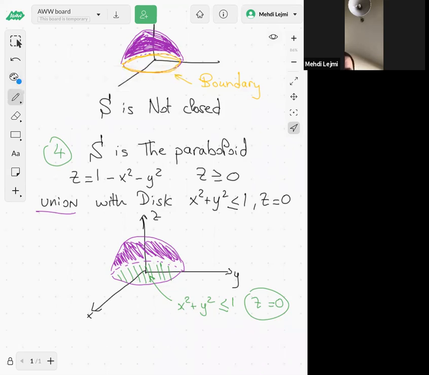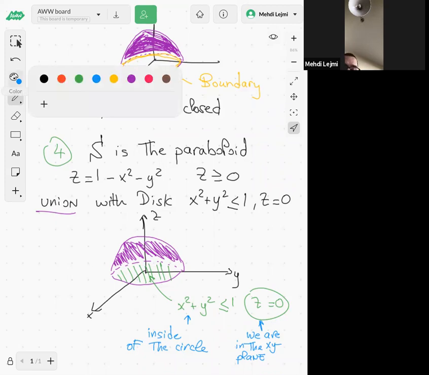So again, this means that we are in the xy plane, and this equation here means that this is actually the inside of the circle.